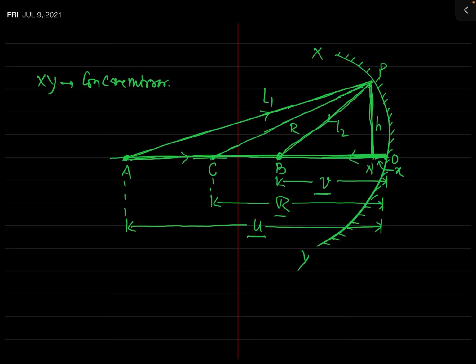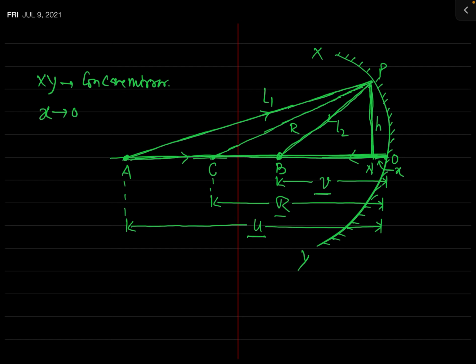So you can simply say, in case of paraxial ray, this X will tend to 0. This is much smaller than any distances shown in this figure. That is, it is much smaller than V, it is much smaller than R, it is much smaller than U, and so this X is very small.